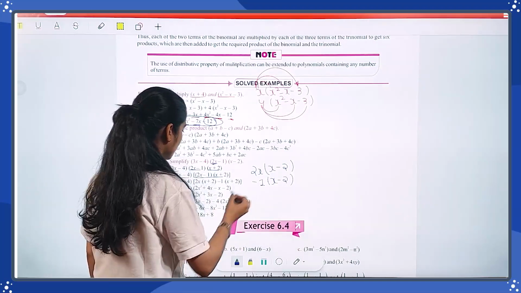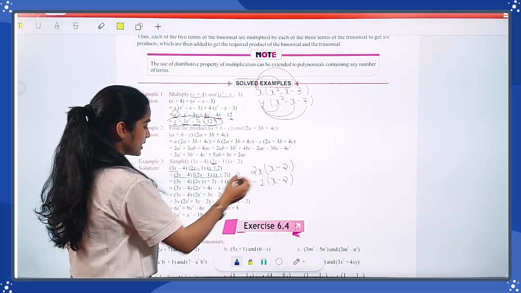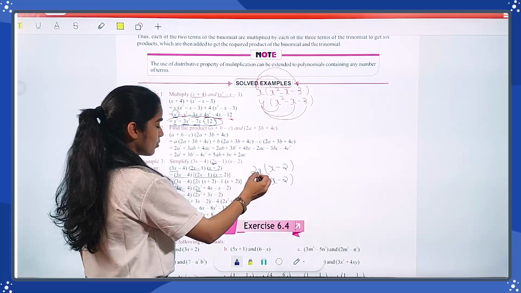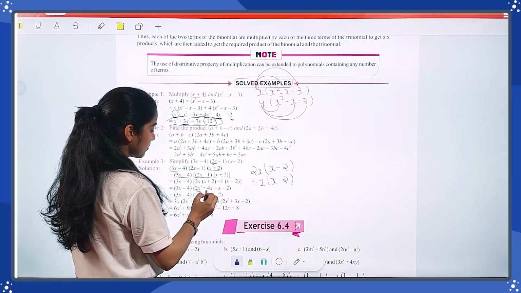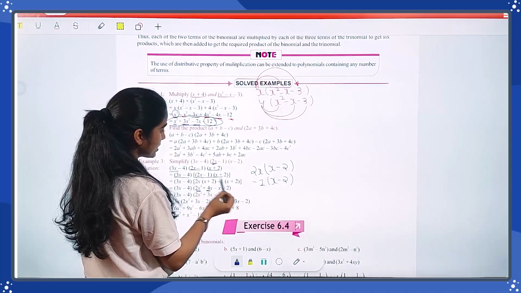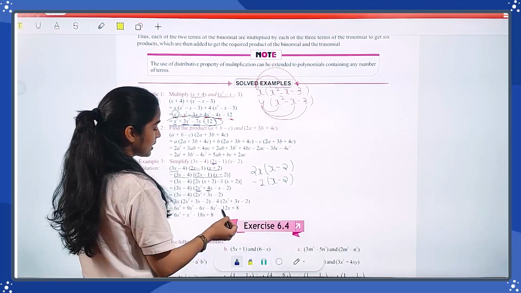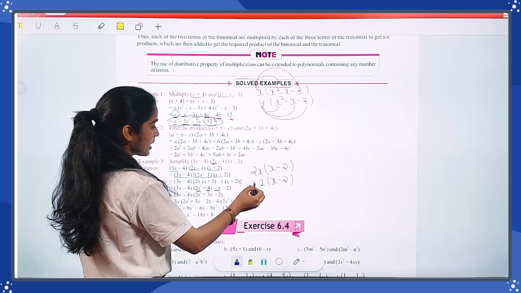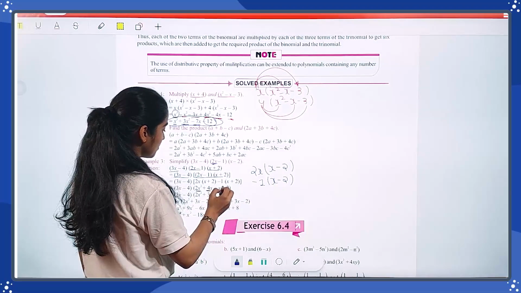Solve this first. So while you are solving, 2x multiplied by x is 2x square, 2x multiplied by minus 2 is 4x, then minus x multiplied by 1 is minus x, minus multiplied by minus 2 is plus 2.